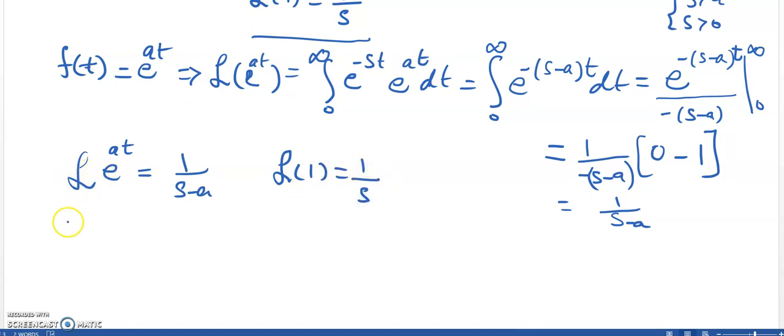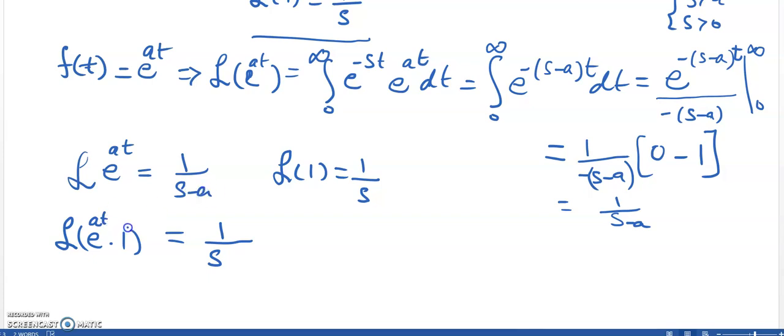If we write L of e power at times 1, and take the Laplace transform of 1 as 1 over s, then with the multiplication by e power at, we can see that its Laplace transform is 1 over s minus a.